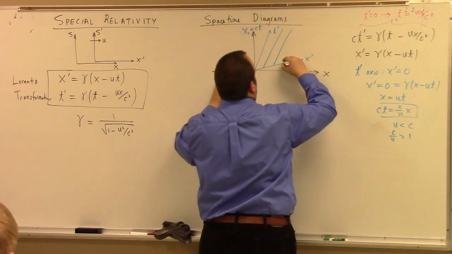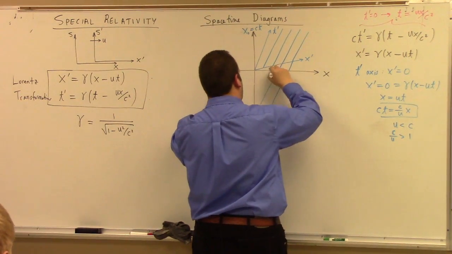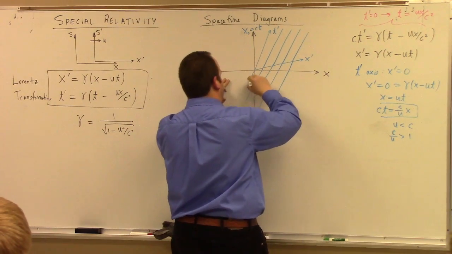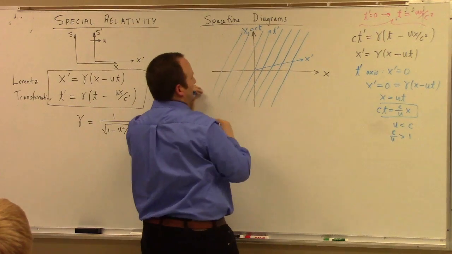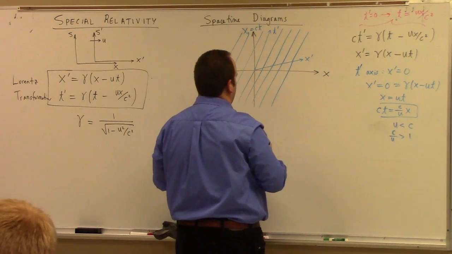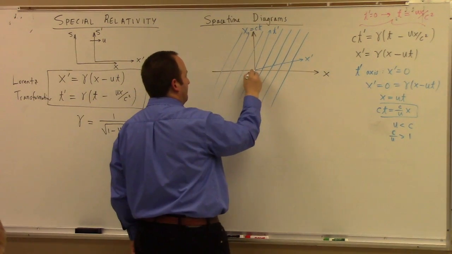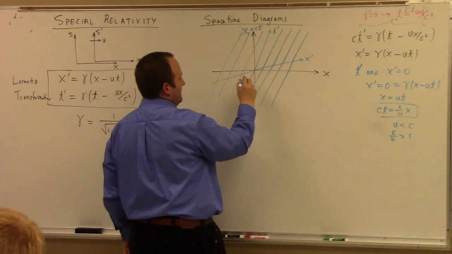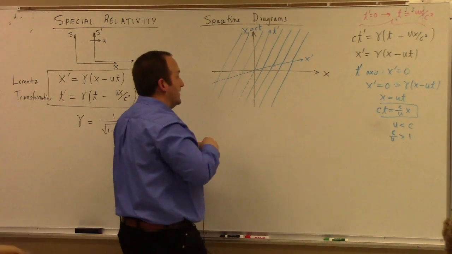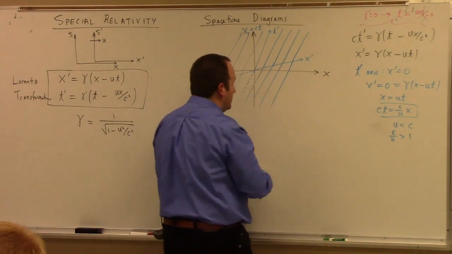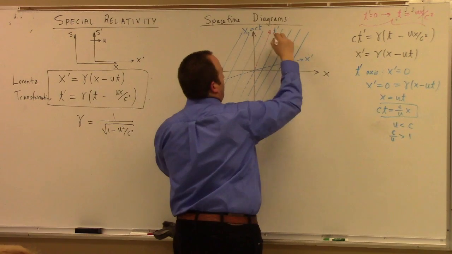These are supposed to be parallel. I tried. That's sad. Oh well. Those are supposed to be equally spaced. Fine, I'll make it a different color to see it better.